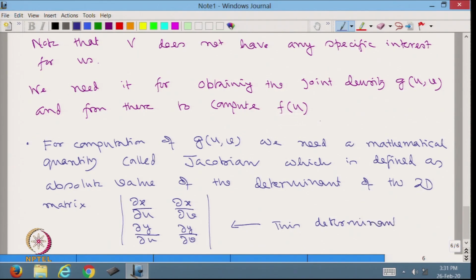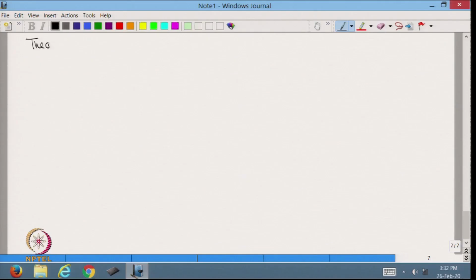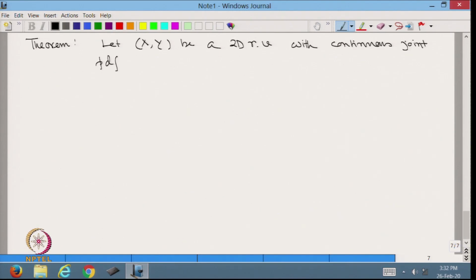This determinant has to exist. Hence, we use the following theorem. Let x y be a 2D random variable with continuous joint PDF f x y.